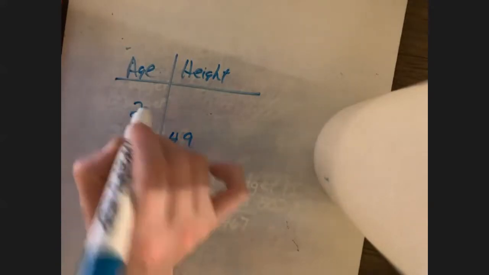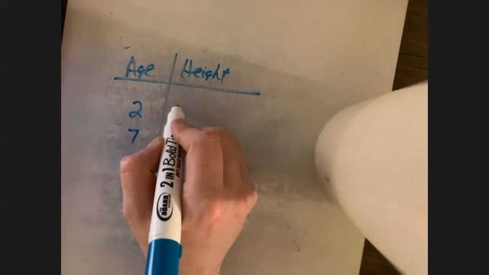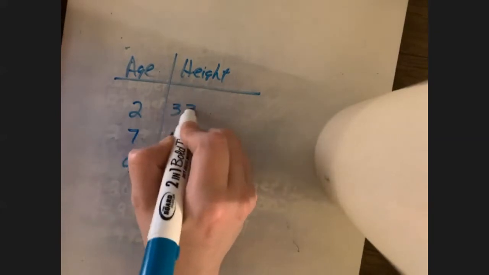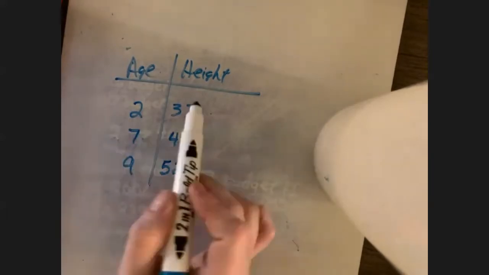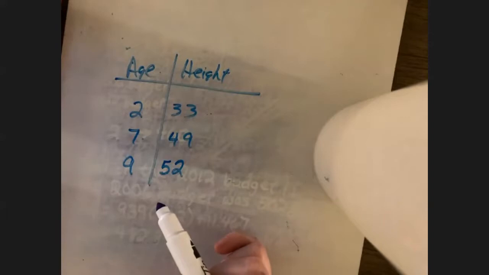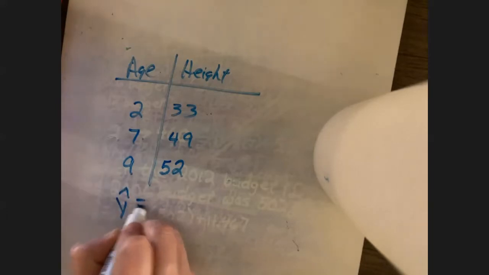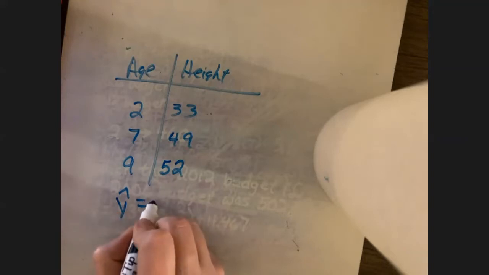At 2, he was 33 inches tall. So maybe this is how old a child is and what their height is. I'm going to run this through an equation real quick.